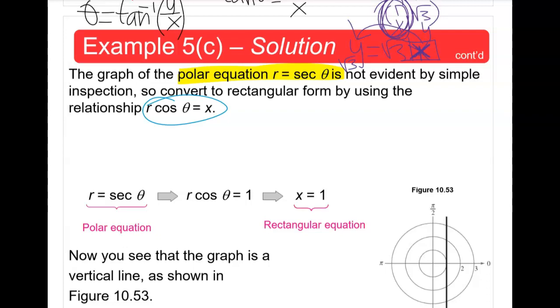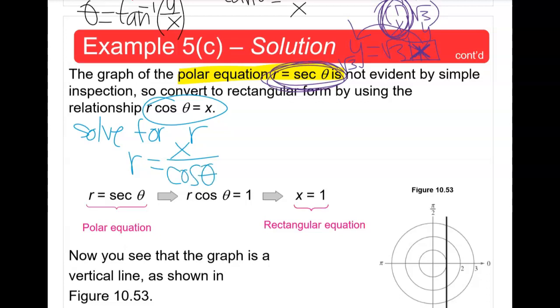Now here we have a new equation that we have to convert into a rectangular equation. So what we're going to do is solve for r here, and this is going to turn into r is equal to x over cosine theta.